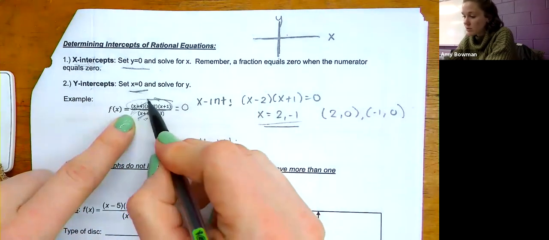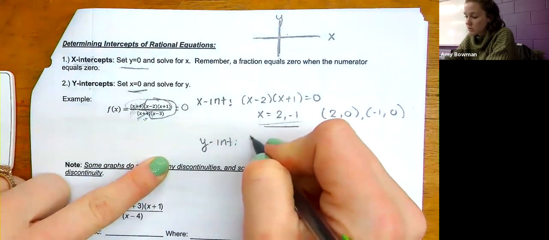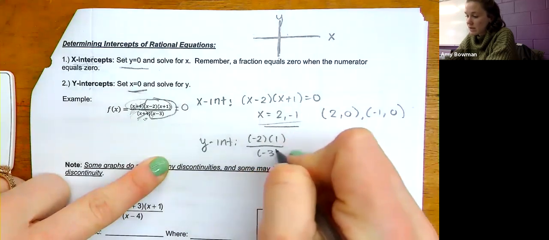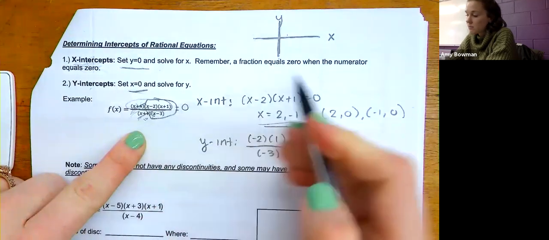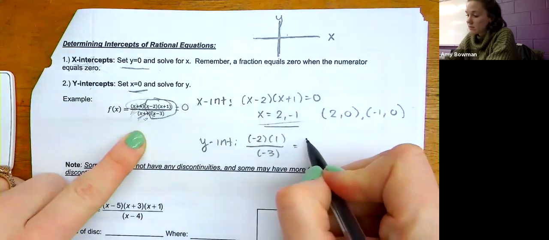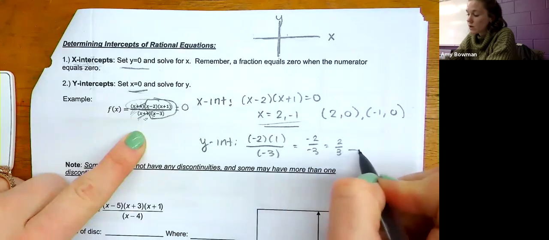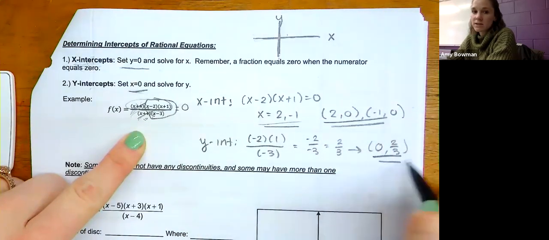So I always just stick with whatever's left after I reduce. So this would be 0 minus 2, so -2 times 1 divided by -3. So I've plugged 0 in here, here, and here. And I get -2 over -3, which is 2/3. So 2/3 is the y-intercept, (0, 2/3). So these are my x and y intercepts.